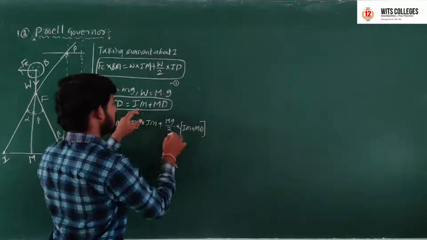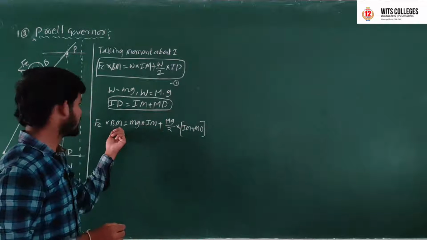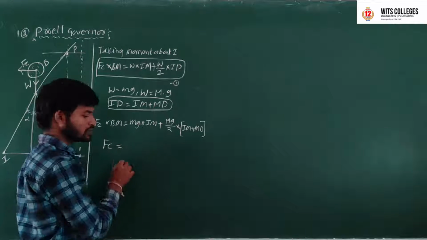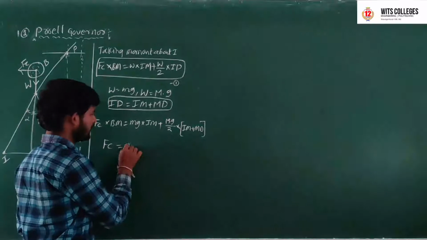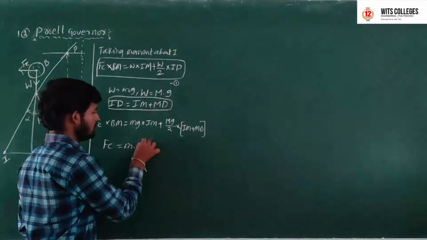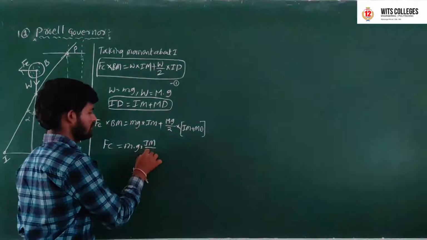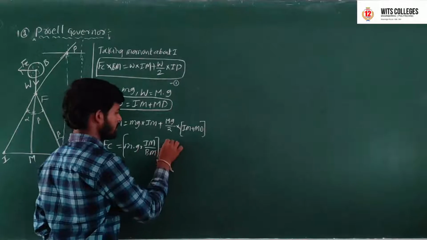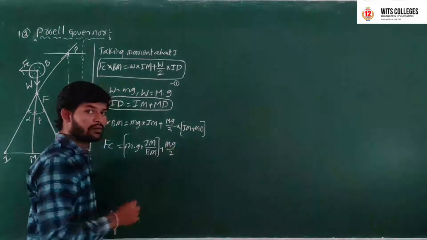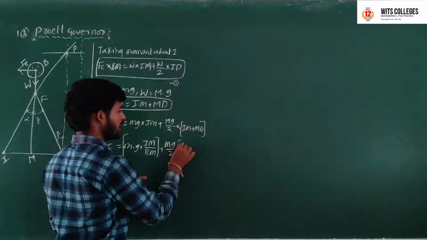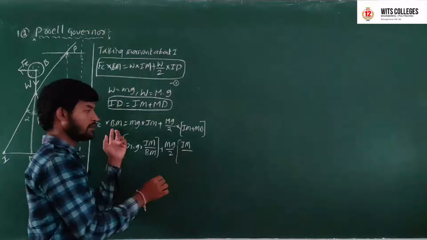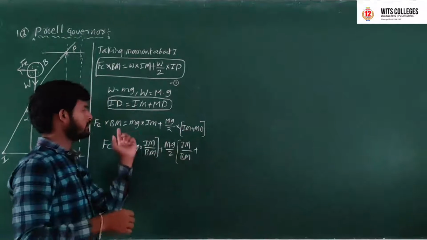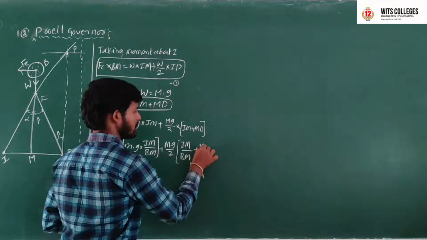Here BM comes to this side. FC, the centrifugal force, is equal to mg into IM by BM, plus capital Mg by 2 into IM divided by BM plus MD divided by BM.